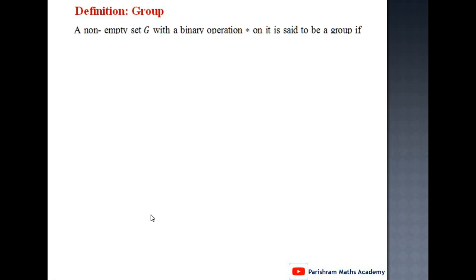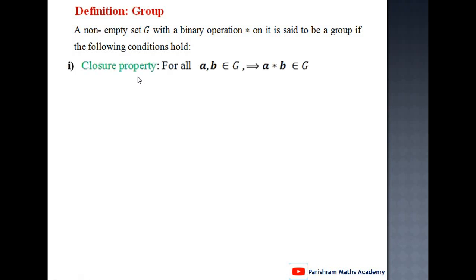Next, definition of group. A non-empty set G with a binary operation star on it is said to be a group if the following conditions hold. Here G is a non-empty set and star is a binary operation. The first condition, closure property.